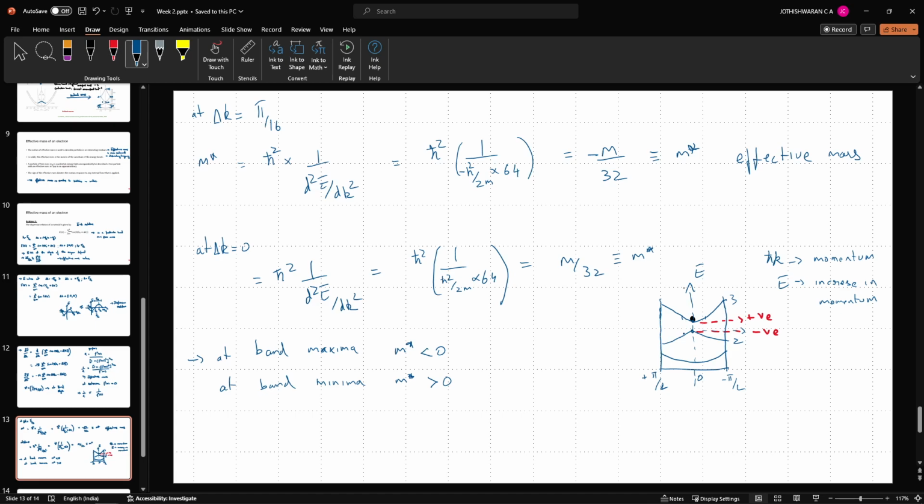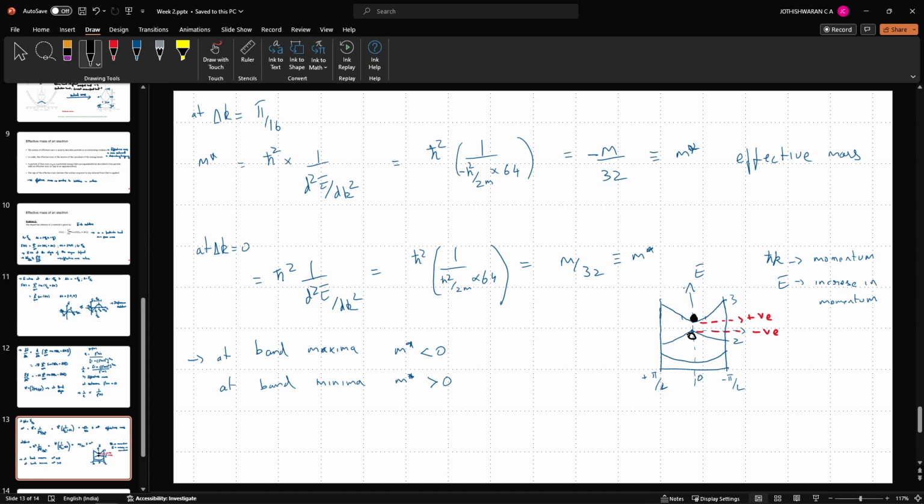So, what we have to visualize now is, let me assume, which is why I drew a very thick black circle over here, that there is a vacancy at the top of this band. Let me say that this point over here is empty. It is free for an electron to occupy.